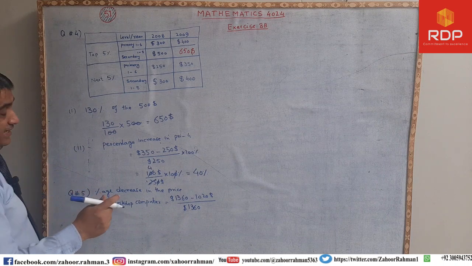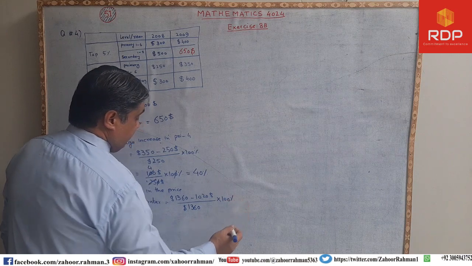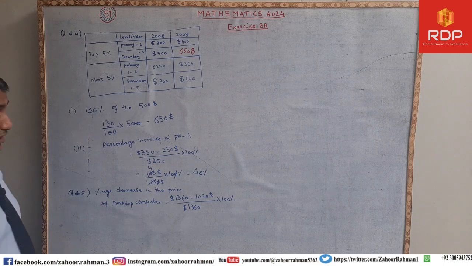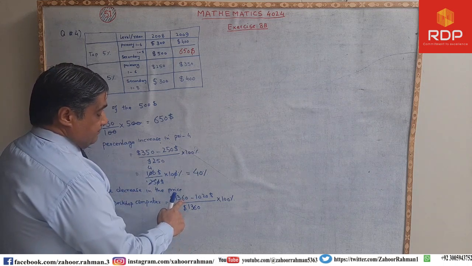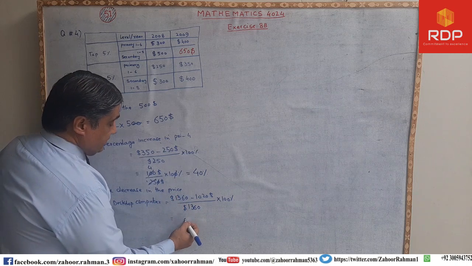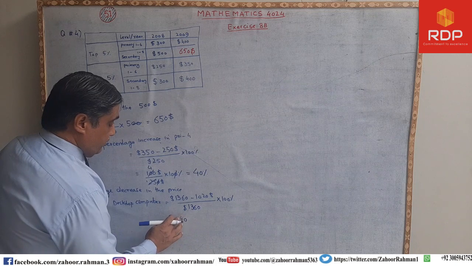So we have to take the original, and then because we are finding the percentage decrease, we are going to write this. So here we have to subtract this.